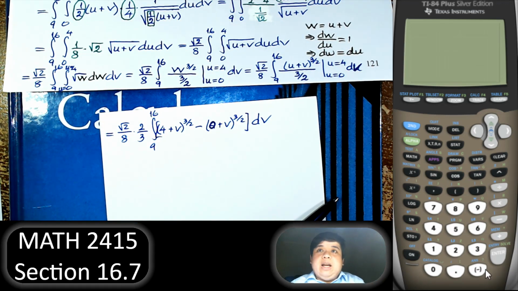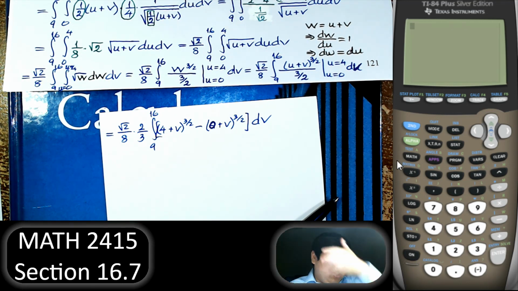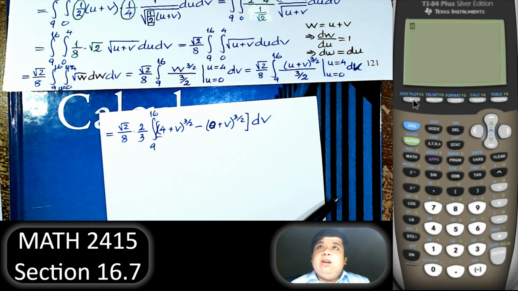So that's complicated already. So let me just get an evaluation here. Just get an approximation. So we have square root of 2 times 2, that on the top, divided by 8 times 3, 24 at the bottom.